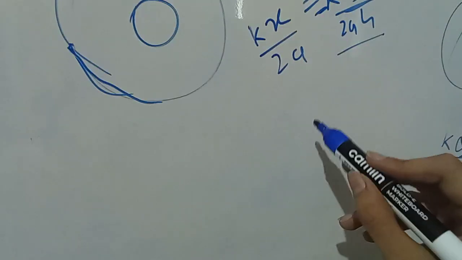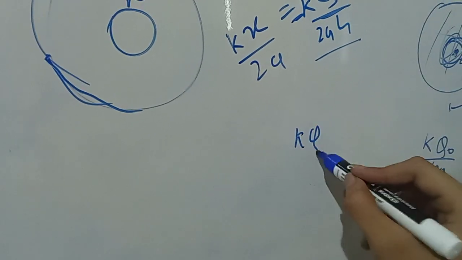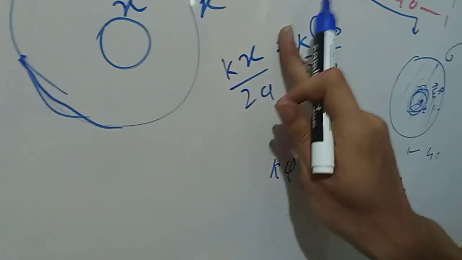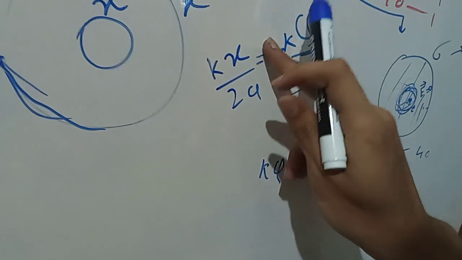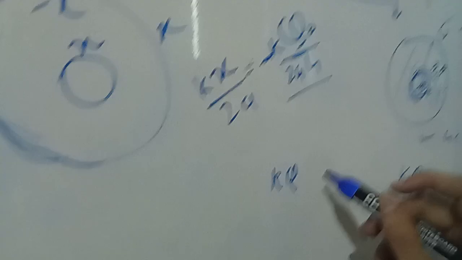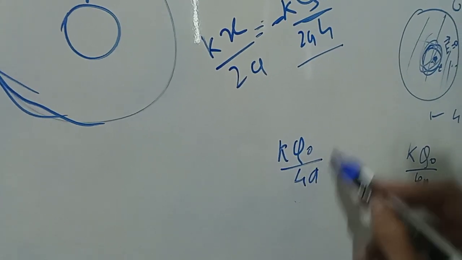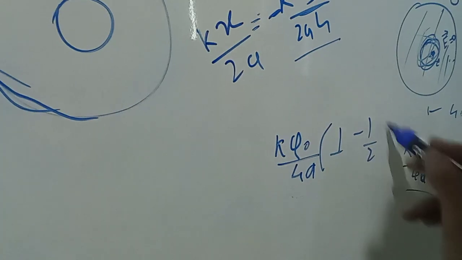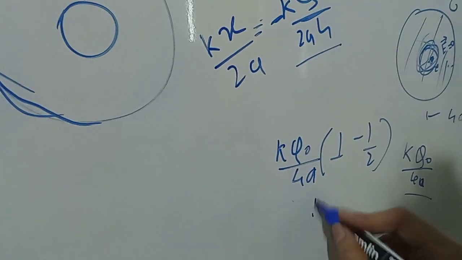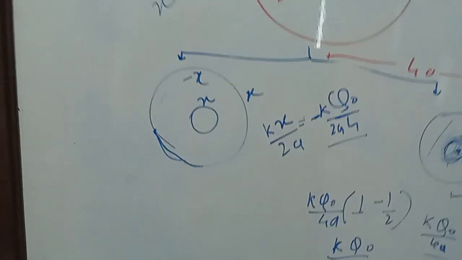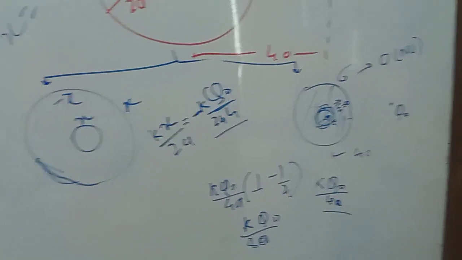So overall the potential is kq naught. Adding these two values, don't forget the minus here. So kq naught by 4a, take 4 common, a common, 1 minus 1 by 2, that's going to be kq naught by 8a.